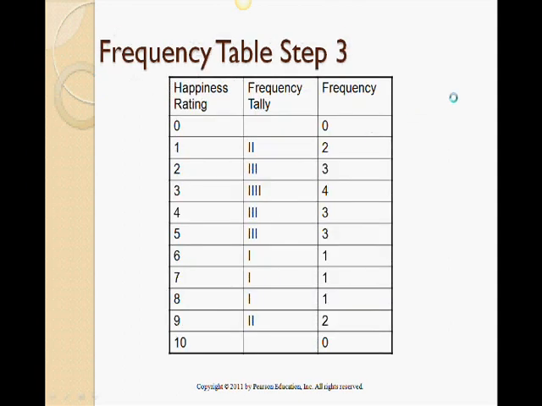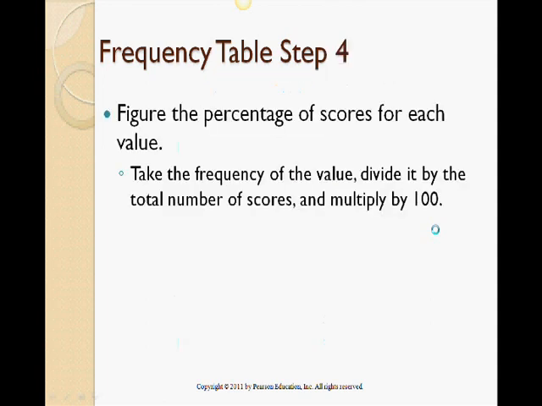And then step 4 is we're going to calculate the percentage of each score. Just as a refresher, remember to get a percentage, you take the frequency of the value, divide it by the number of scores, and then you multiply that by 100.